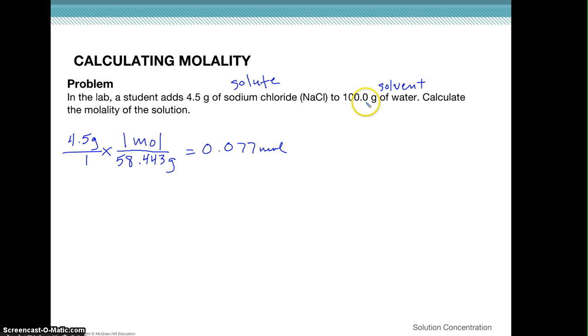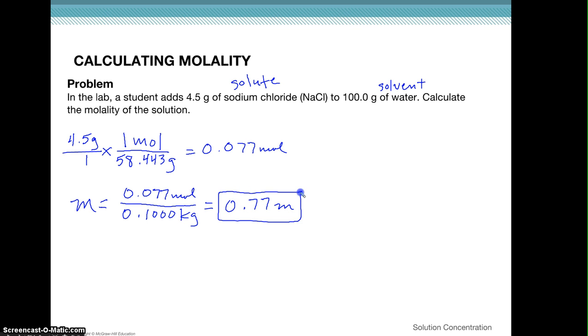And then we have 100 grams of water, which is equal to 0.100 kilograms of water. So for our molality, we want moles over kilograms: 0.077 moles over 0.1000 kilograms of water. And that's going to give us 0.77 as our molality.